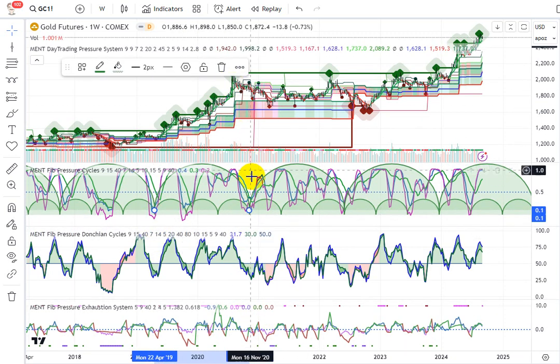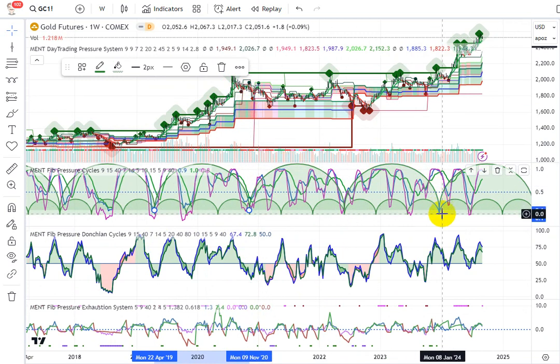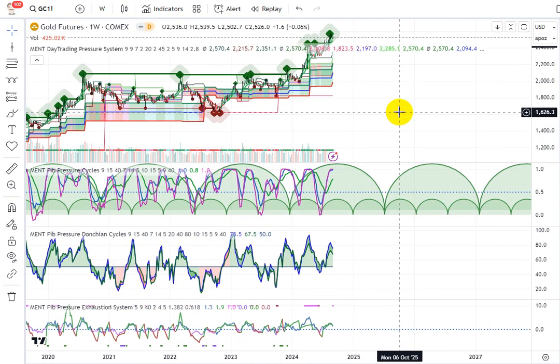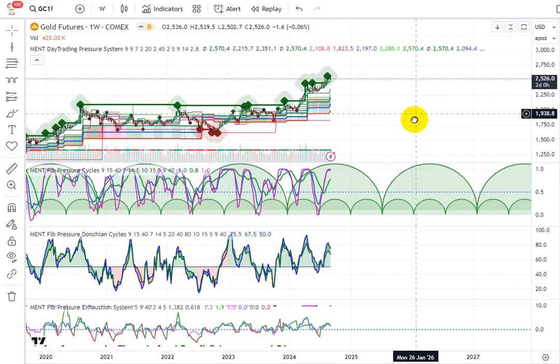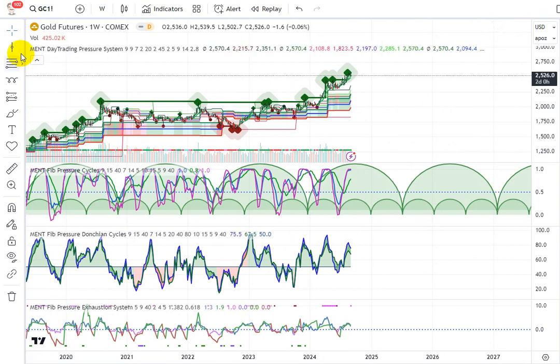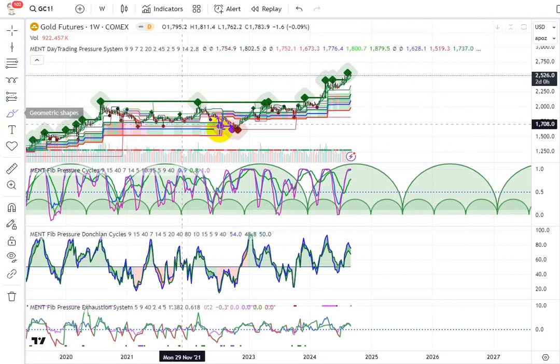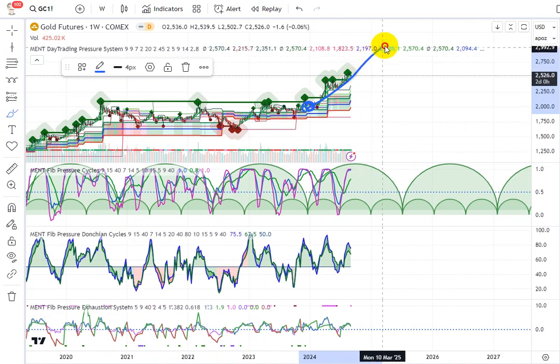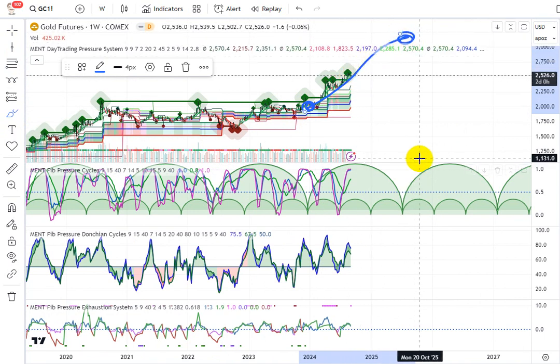Swing up, down to a base. Rotation cycle. Swing into a cycle. Swing into a cycle. And swing into a cycle. That would mean that potentially this upward cycle is going to last from essentially this area all the way up potentially into this area. June 2025.